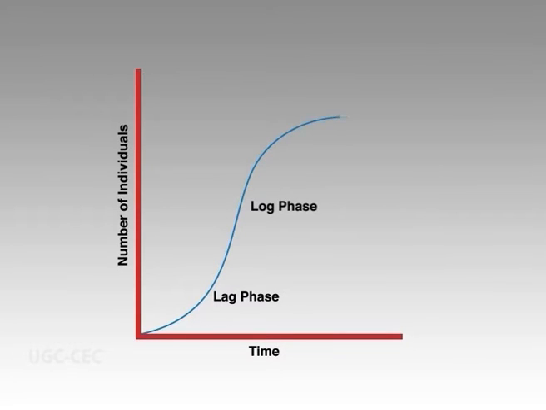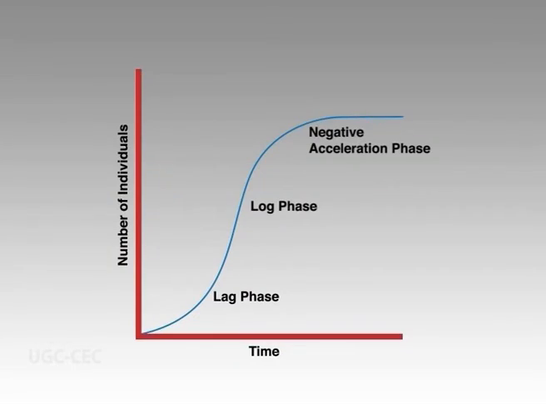The rate of growth again slows down at the third phase called negative acceleration phase or decelerating phase. There is no further increase or decrease beyond this phase.